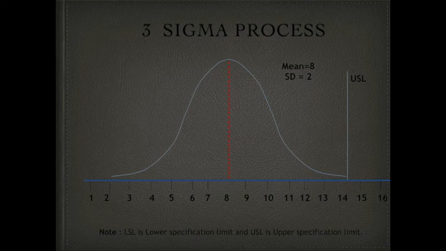It is 3 standard deviations. And since only 3 sigmas can be accommodated between mean and the target, that is your upper specification limit, we say that this is a 3 sigma process.